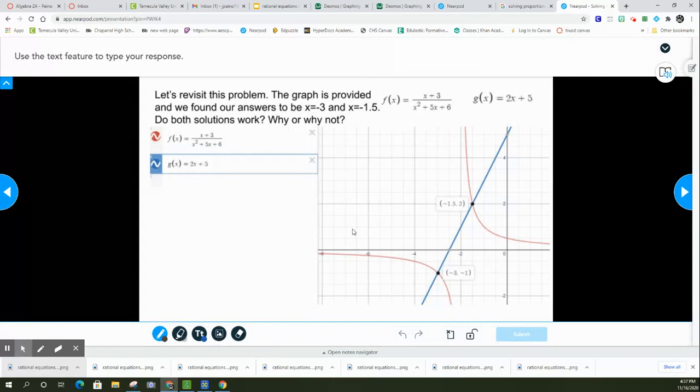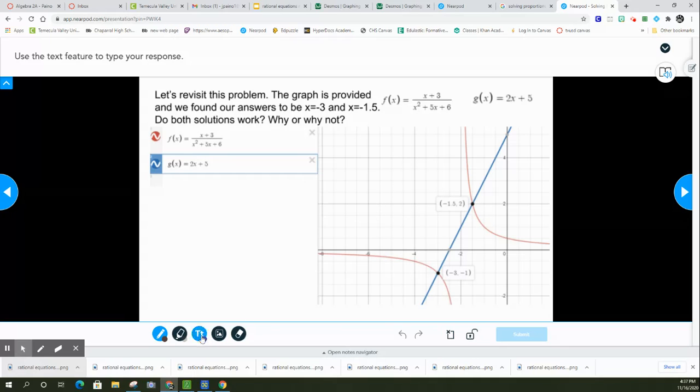I did not do that on the last problem. I did not check our solutions. If you remember, we got the solutions x equals negative 3 and x equals negative 1.5. Do both solutions work? We need to plug in negative 3 into the bottom.